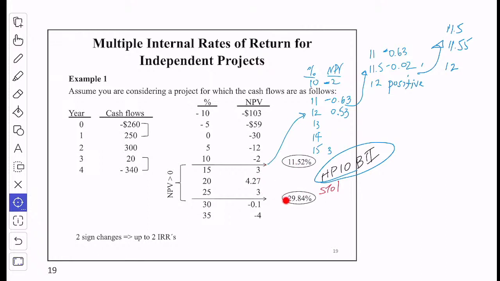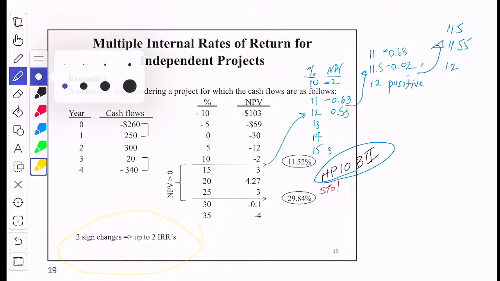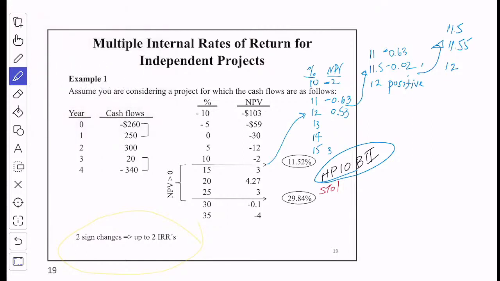So how do you find this other value? Well, you just have to keep making the profile, because there are up to 2 IRRs if there's 2 sign changes. Okay, so there's 2 sign changes. It means there's up to 2 IRRs. So you need to check in the profile until you find 2, and I found 2.